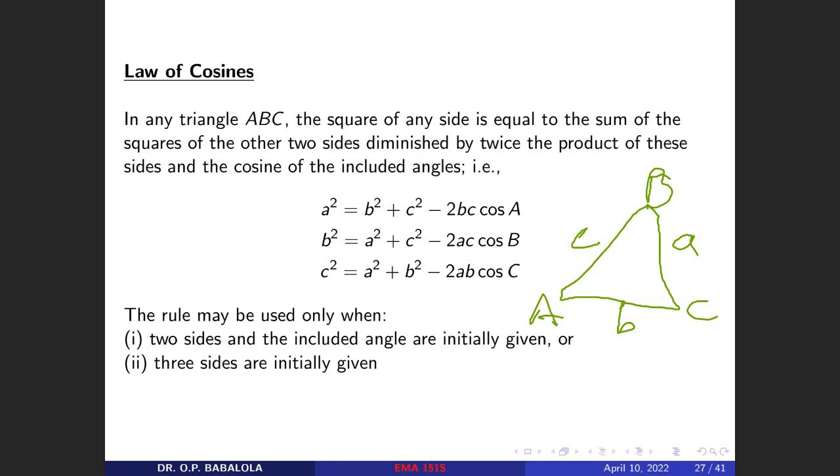You all know this. I'm sure you're familiar with this. So this is the cosine law.